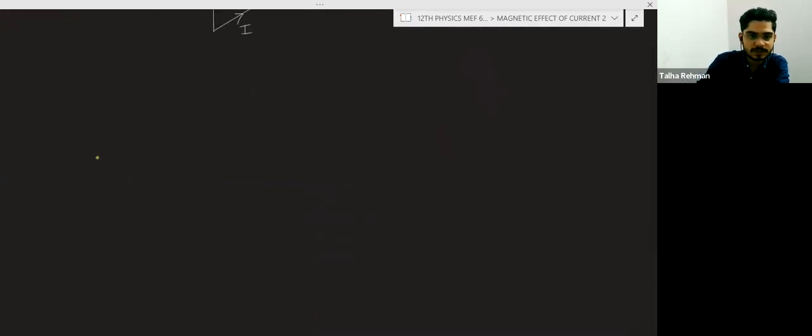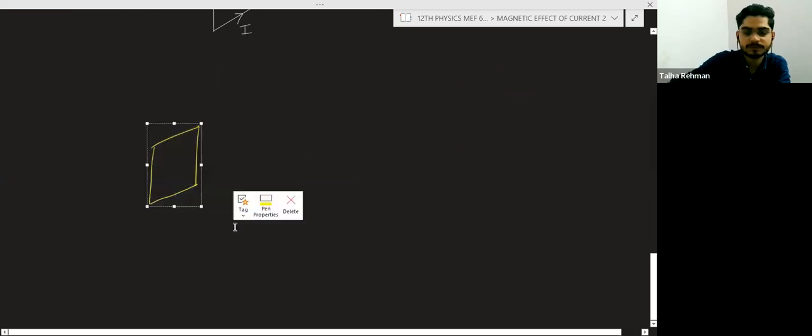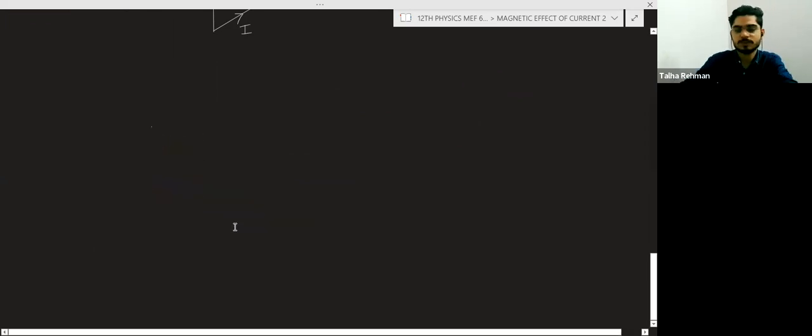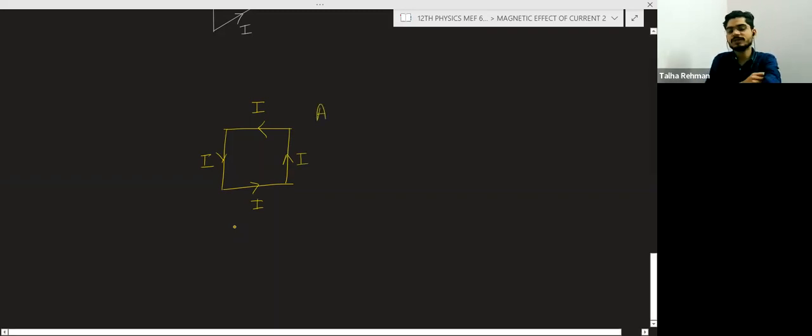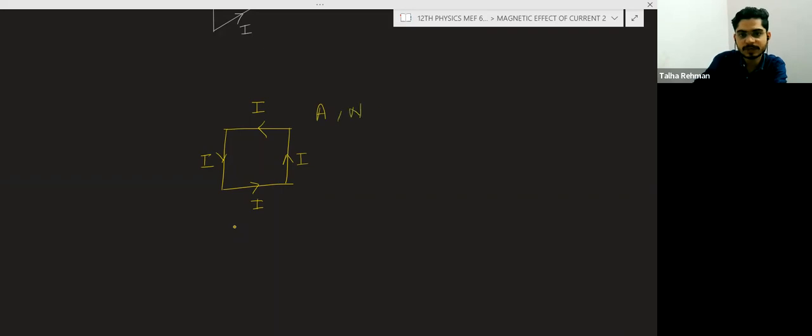Suppose this is the coil we have, and current in this coil is in this direction, like this. Area of this coil is A and number of turns in the coil is only 1.